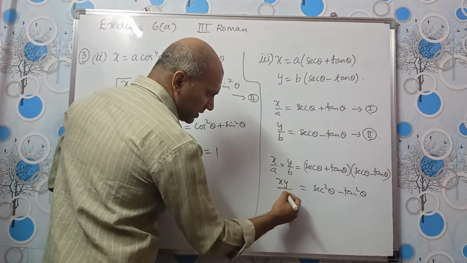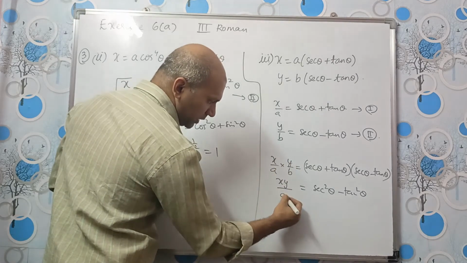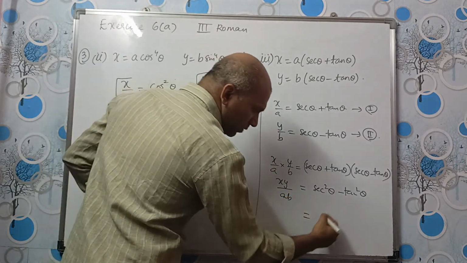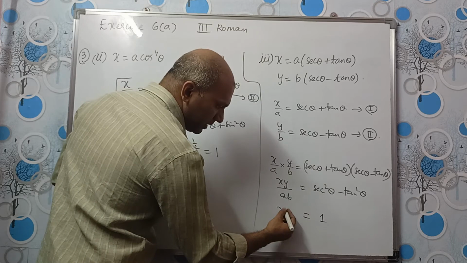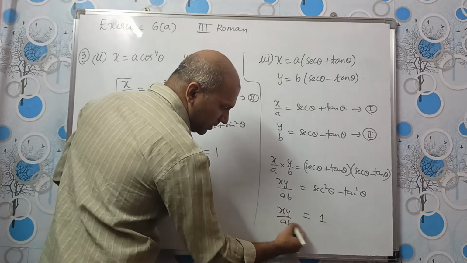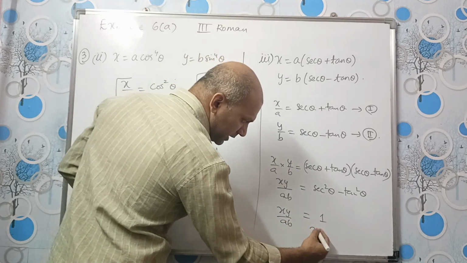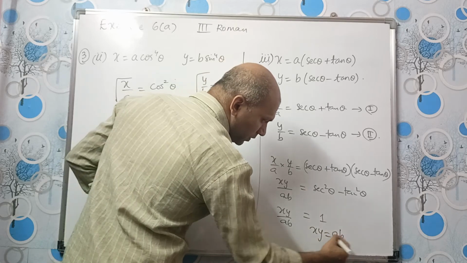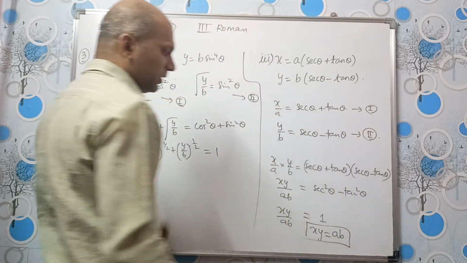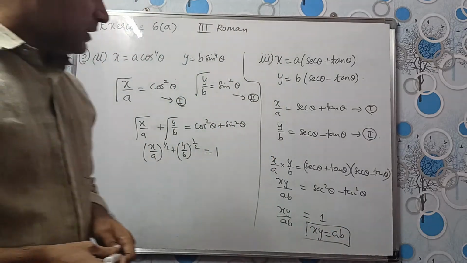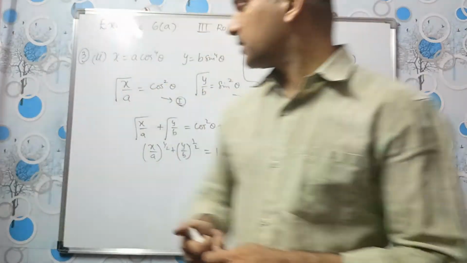So here we'll have xy/ab, which is equal to 1 from the identity. So xy/ab = 1, or sending ab to the other side, xy = ab. So we have eliminated theta from this also.